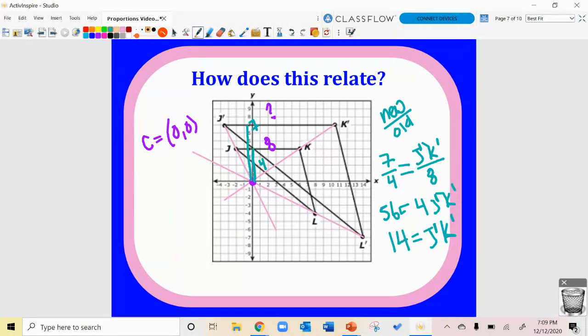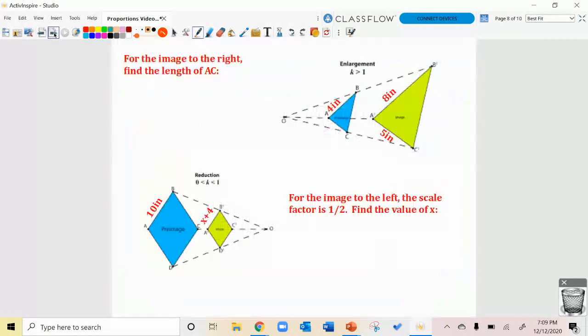So we're going to actually take these triangles off of the grid and use this concept to solve for missing sides. For the image to the right, find the length of AC. If I want to find AC, it doesn't really matter which one's new and which one's old, but I'm going to continue with 8 over 4, new over old. I'm looking at the parts that correspond. They're not congruent, they correspond. That's why we made such a big deal of that.